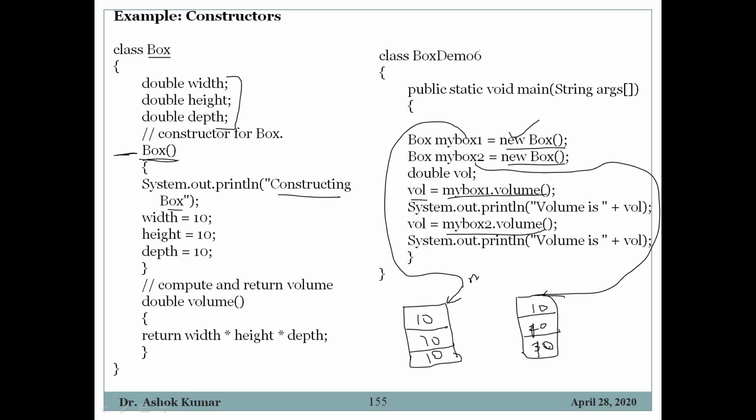It will multiply width, depth, and height of the second instance, that is my box 2. So you will get 1000 again, and that will get copied to volume, and for both the volumes you will get 1000 each.